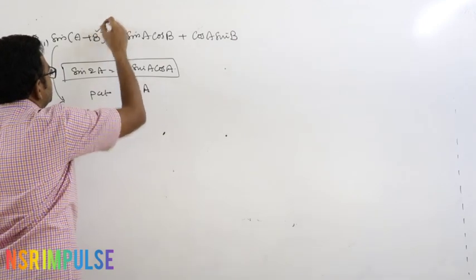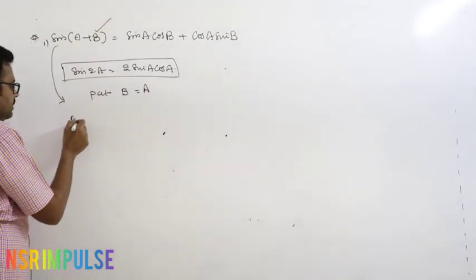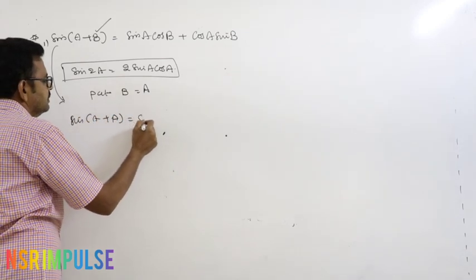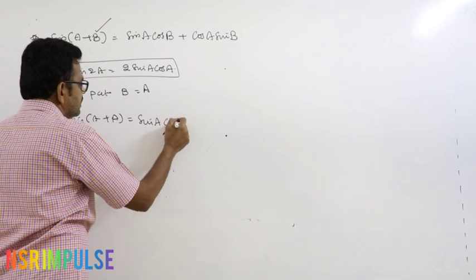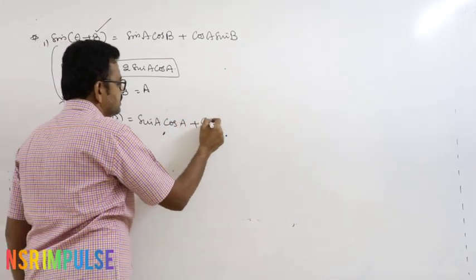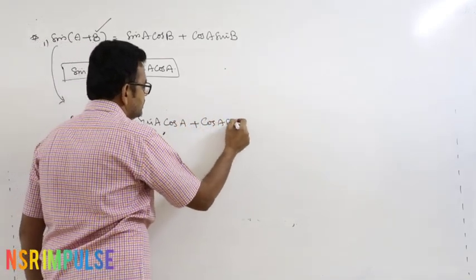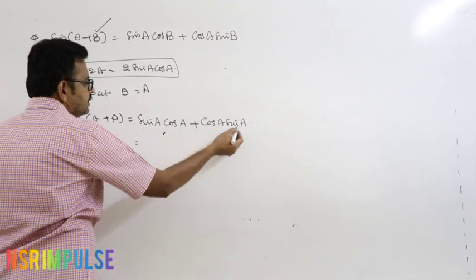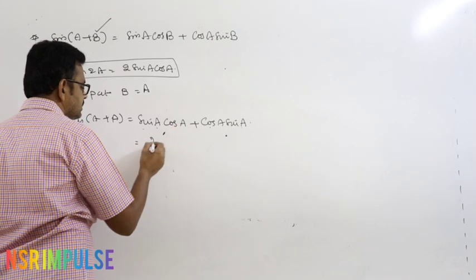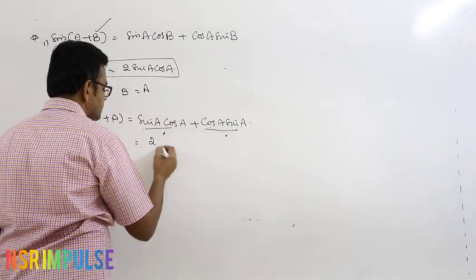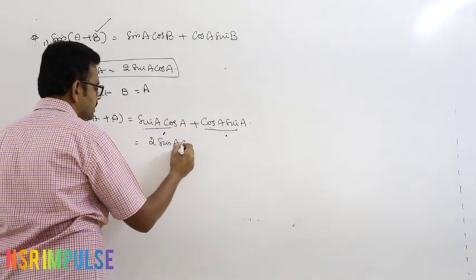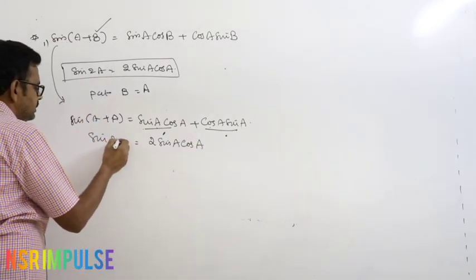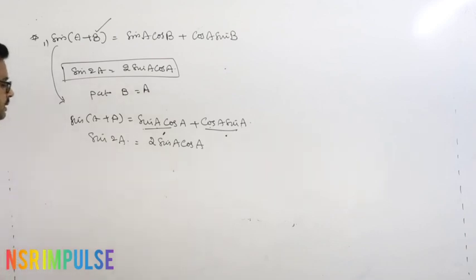In place of b, write a. Therefore, sin of a plus a is equal to sin a cos a plus cos a sin a. So sin a cos a, sin a cos a, this is x plus x, 2x. That is 2 sin a cos a. So this is the sin 2a formula.